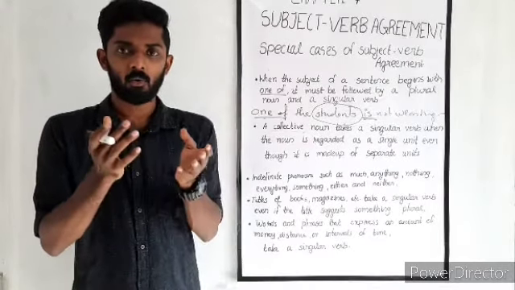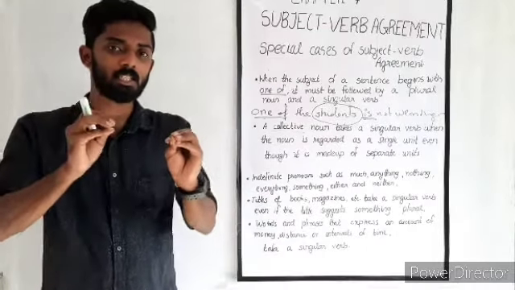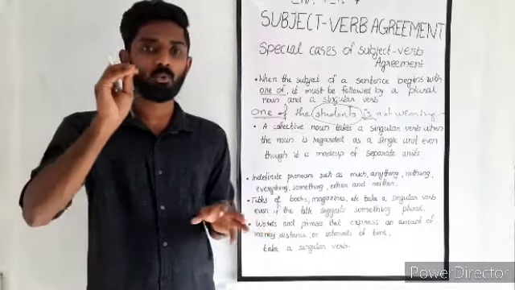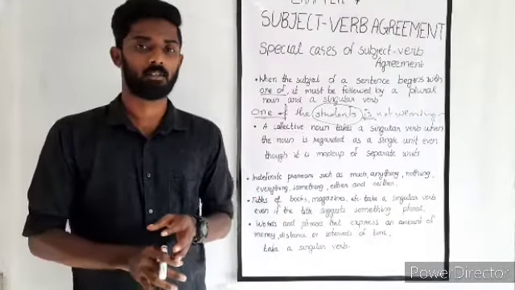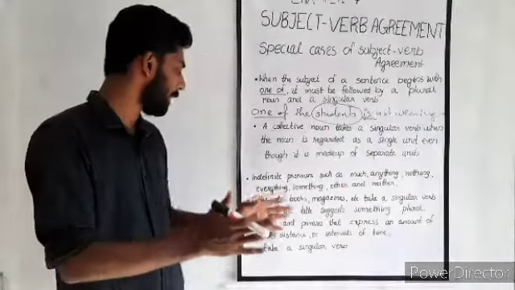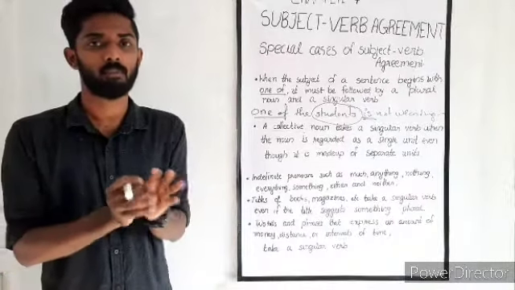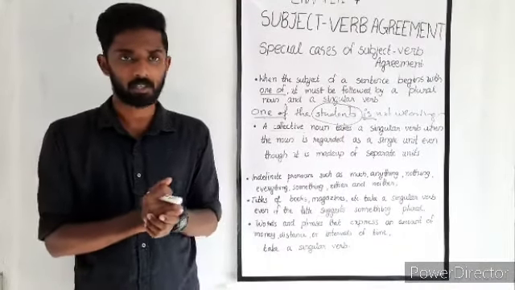So here, though the title suggests plural form, we will use a singular verb form in the sentence, because it is a title of the magazine or whatever it is.